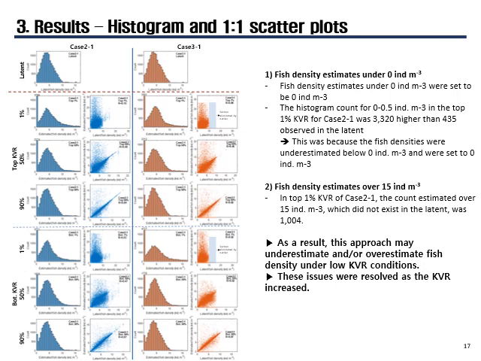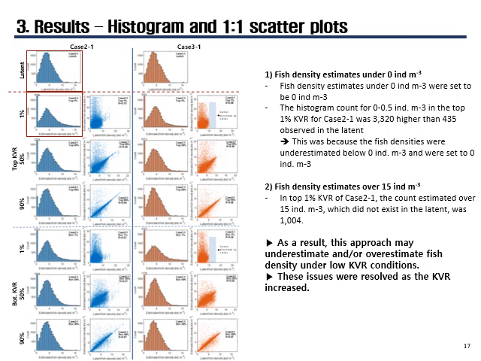And next, the result of the histogram and scatter plot. The fish density estimates under 0 individuals per cubic meter were set to 0, and the histogram count for 0 to 0.5 in the top 1% K-area for case 2 was 3,320, higher than the 435 observed in the latent.